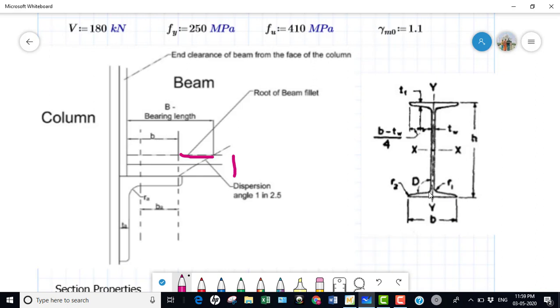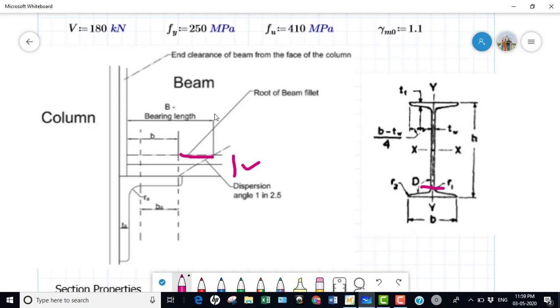So the critical section is at the top of the root of the bottom flange. So this will be the height. We know from SP6 part 1 what this height is. If I know this height, this could be evaluated. This is nothing but 2.5 times this height, because it is 1 in 2.5. So from this you can calculate the dispersion length.